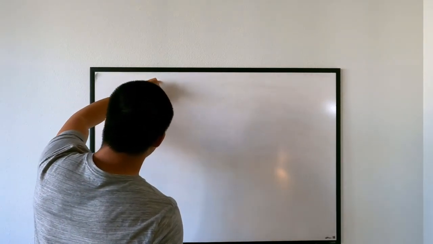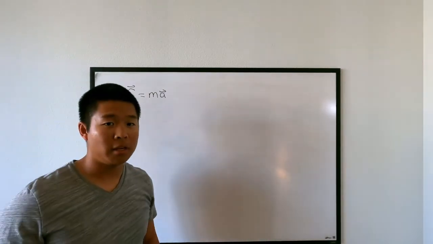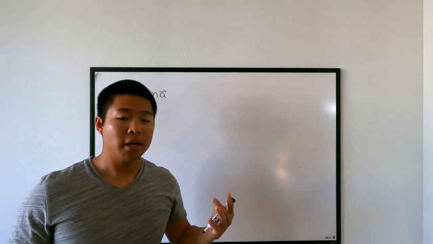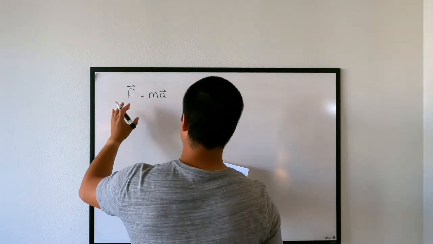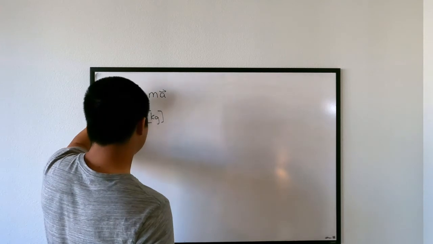So F equals ma, you guys are all familiar with that. Perhaps without the vector signs, but they end up being the same thing because you can break them down into their x, y, and z components. The units for our force is going to be newtons. Mass is in kilograms.